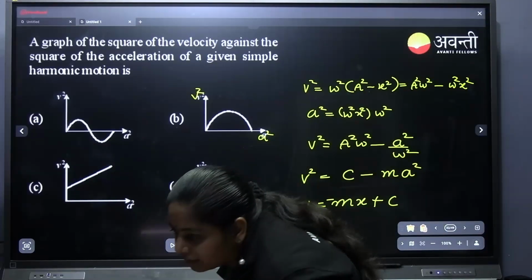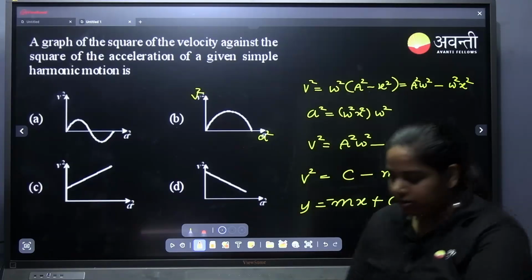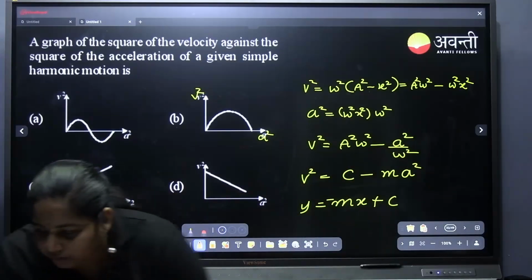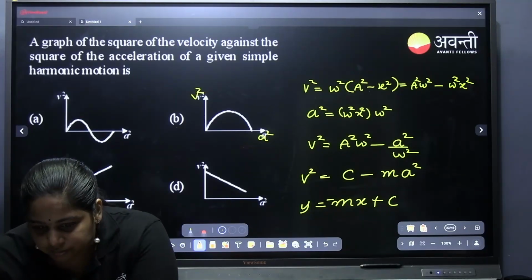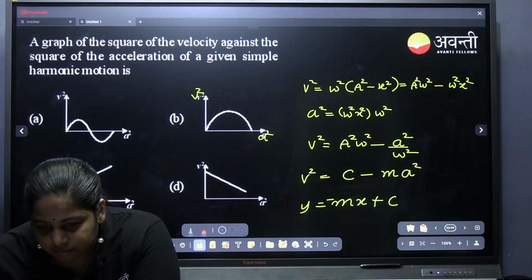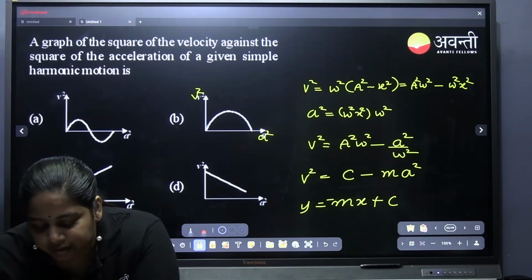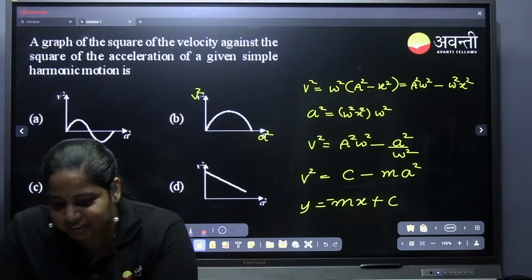Screen is not visible. Okay, is it the same for everybody? Screen not visible? I didn't understand the meaning of thumbs down. Is it visible or not?